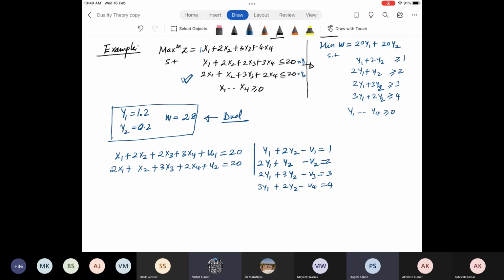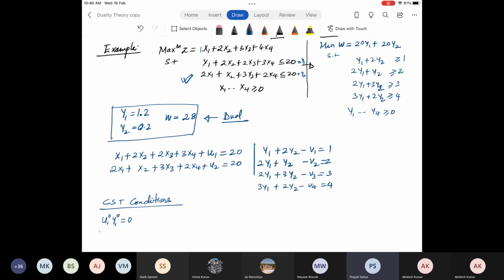Yes, sir. Now let's write our complementary slackness conditions, the CS conditions. Tell me what the CS conditions are. u1 into y1 equals 0, that is the primal slack times the dual variable should equal 0.